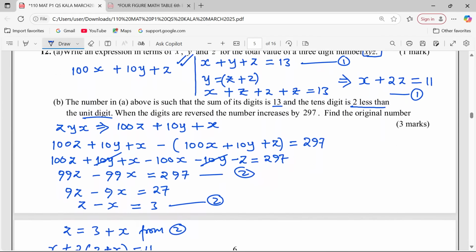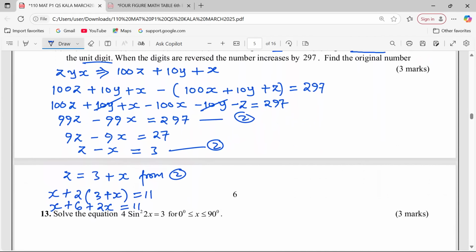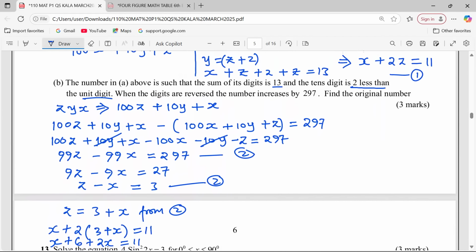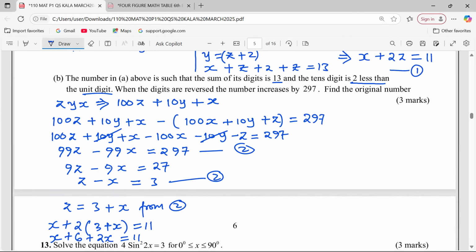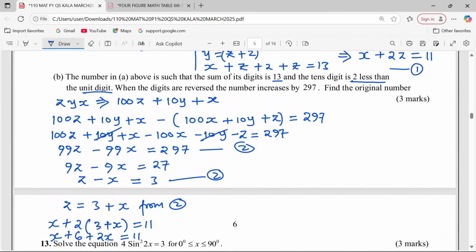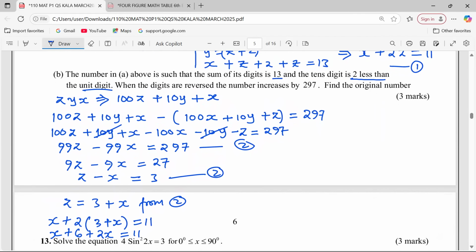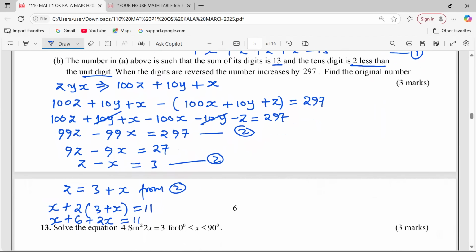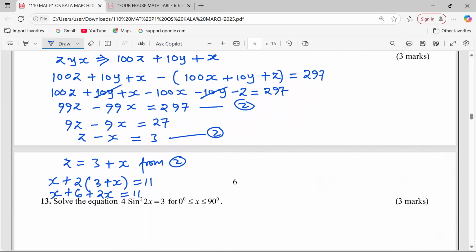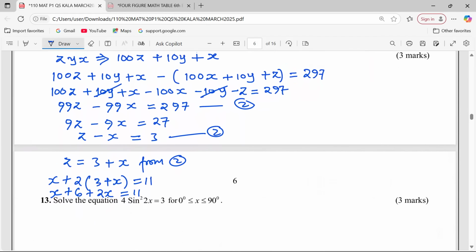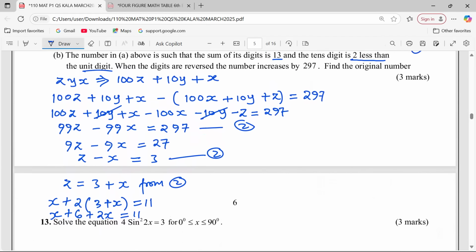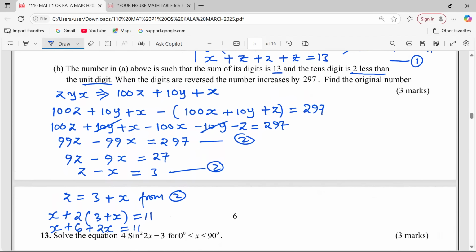But I can see it shall not be divisible. I don't know where we are making the mistake. I'll check it out slowly so that I see where we are making the error.